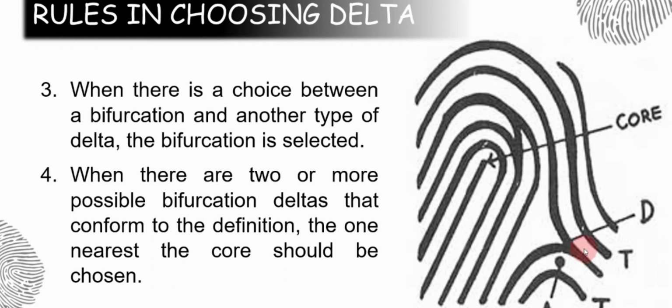So remember, the bifurcation is the first one to choose over another delta.